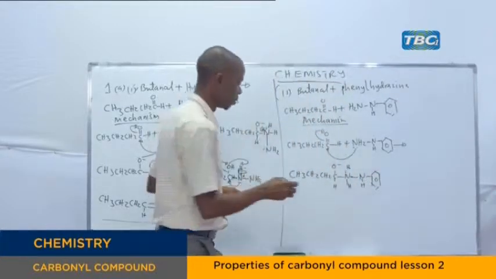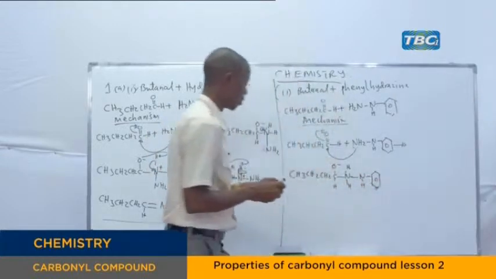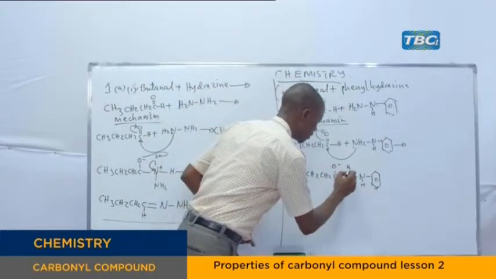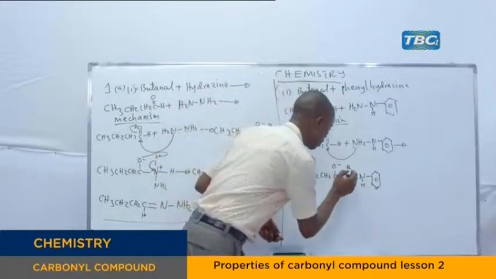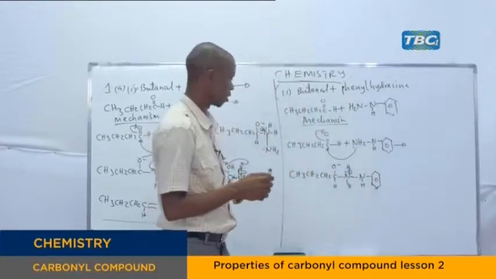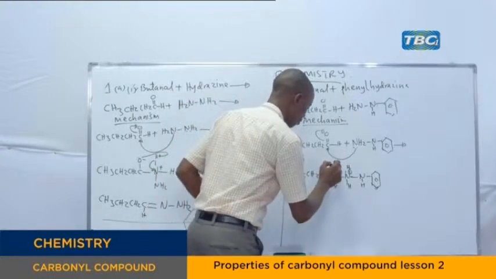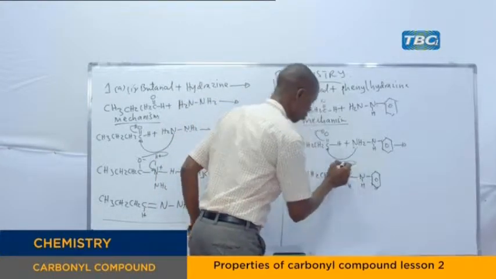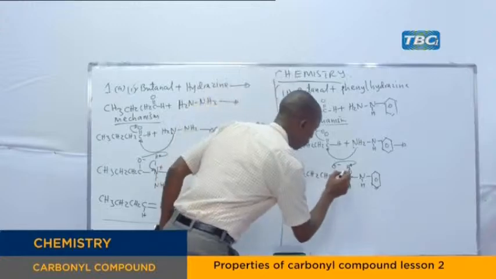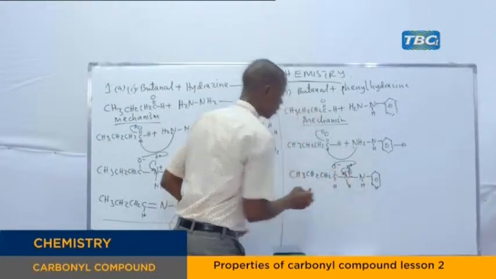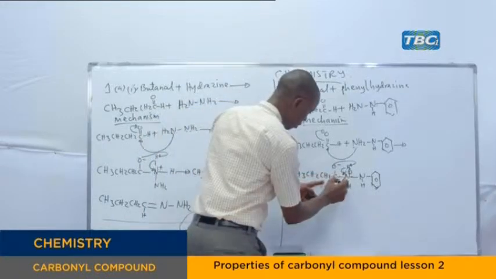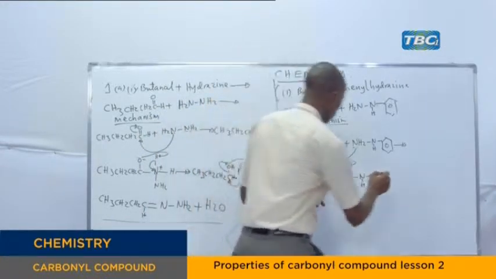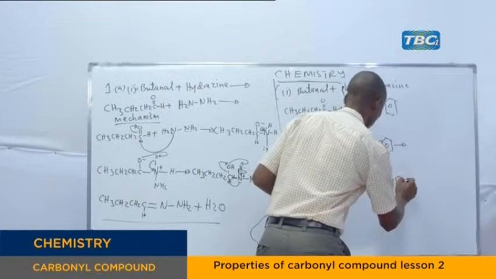That one. So from there, you can see that this one, after it donates a proton, becomes positively charged. Now this will give electron to the proton, and the bond will break down to the nitrogen atom there. So the nitrogen atom as well will give electron to this carbon. So we are going to form the following product.